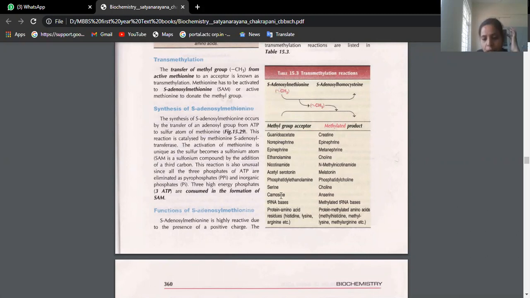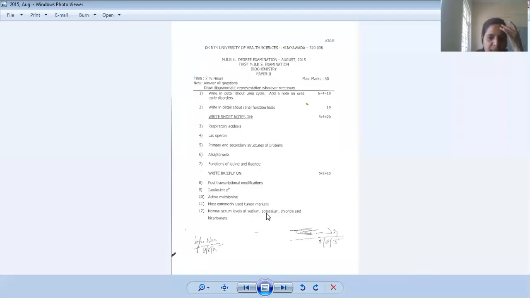These are all acceptors of methyl group, and these are the methylated products. For example, guanidoacetate is receiving one carbon from SAM and it is forming creatine. Similarly, norepinephrine to epinephrine, epinephrine to metanephrine, then ethanolamine to choline, and so on. So this is the active form of methionine, SAM, S-adenosyl methionine.